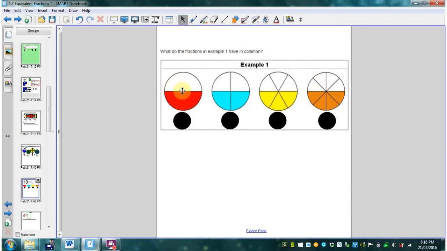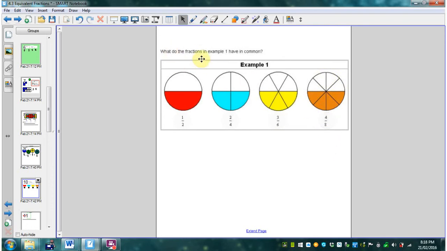Here I have 1 piece shaded out of 2, so 1 over 2. Here we have 2 pieces shaded out of 4, 2 over 4. This is 3 out of 6 pieces shaded, and this is 4 out of 8 pieces shaded.